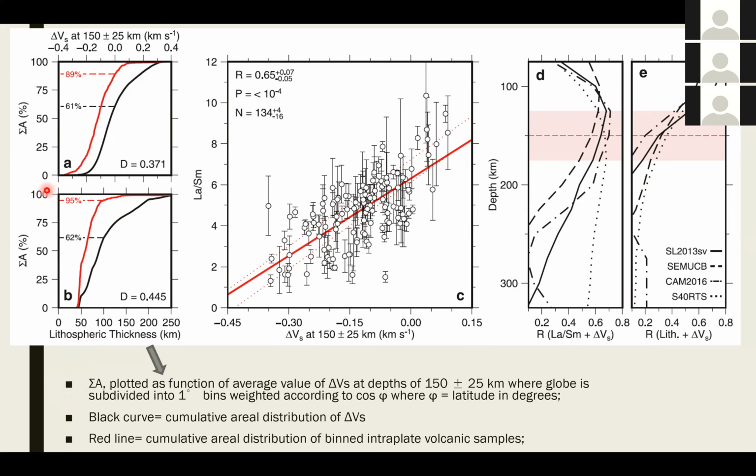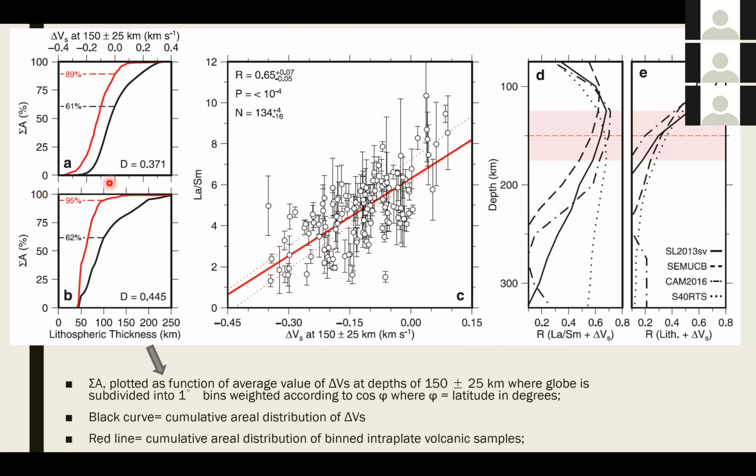So you can see there's 89% of the sigma A occurs in the region underlain by negative values of delta velocity, whose area distribution only constitutes 61% of the global area.